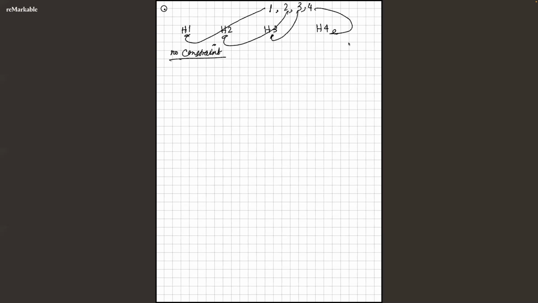Anyone? How many ways can you deliver letters 1, 2, 3, and 4 to houses H1, H2, H3, and H4? 4 factorial ways, which is 24.